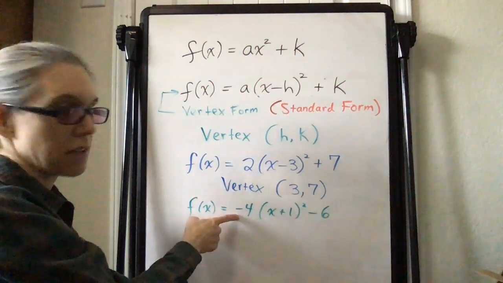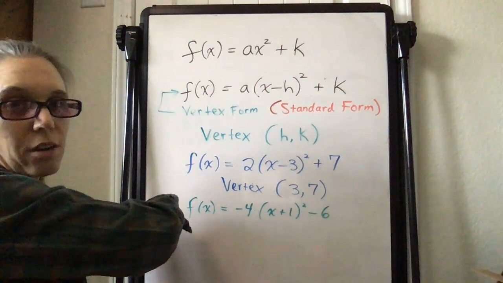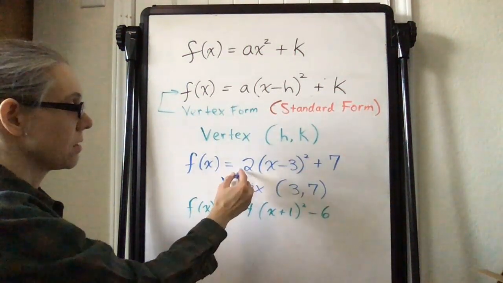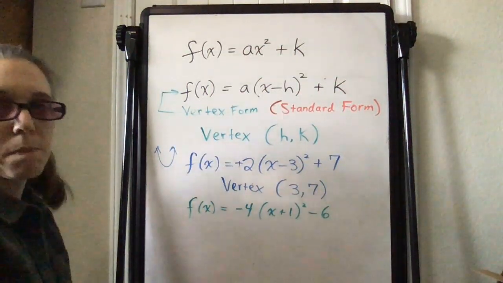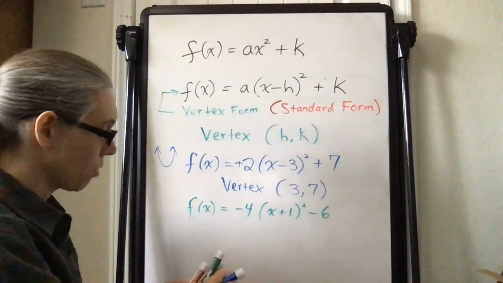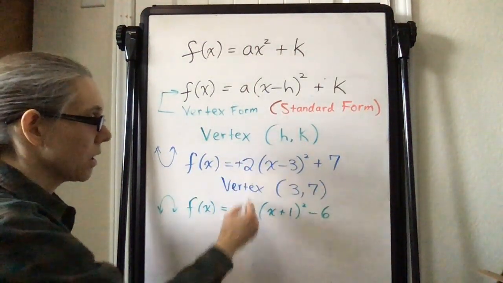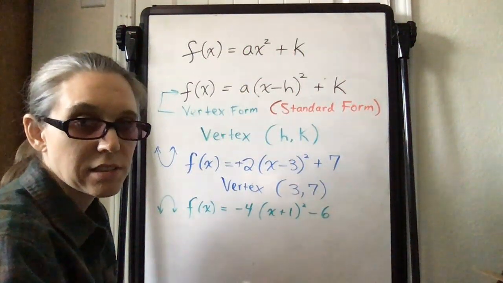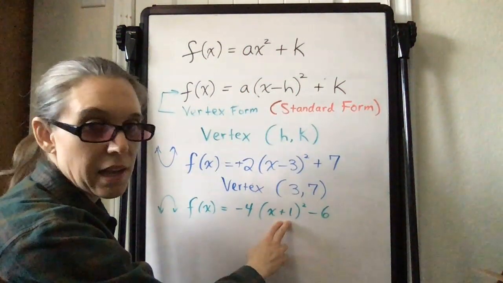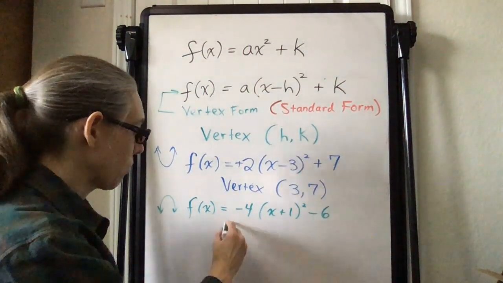This number outside determines whether you have an upward facing or a downward facing parabola, right? So because this is a positive 2, that would make this a happy parabola, and because this is a negative 4, it would make it a sad parabola. But the number here does not impact the shifting at all. The shifting just comes from the number inside the squared and the number outside. So here we have a vertex.